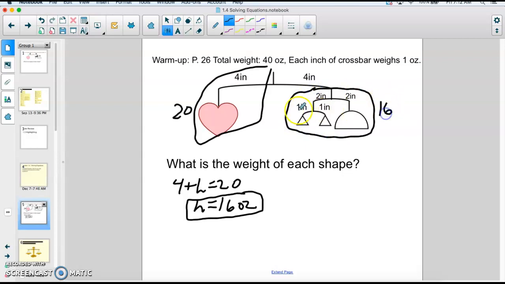And that's the same as what's on this side below that level. Now we can split this into 8 and 8, right? Because it all has to stay balanced. So 8 and 8. So we know that the 2-inch crossbar plus the semicircle will get us 8. And so we know that the semicircle has to be 6 ounces.